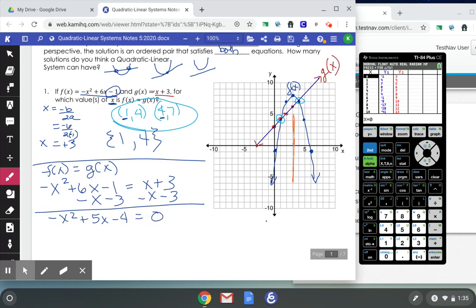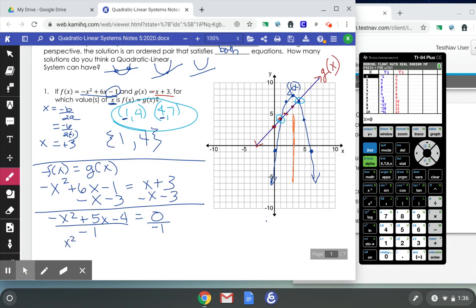Now this is going back to the last unit, where we could factor this. We could use the quadratic formula. We could solve by completing the square. Or you're going to use one of those methods to get x by itself. So I am first going to divide everything by -1 because I want to get rid of that negative in front of my quadratic.